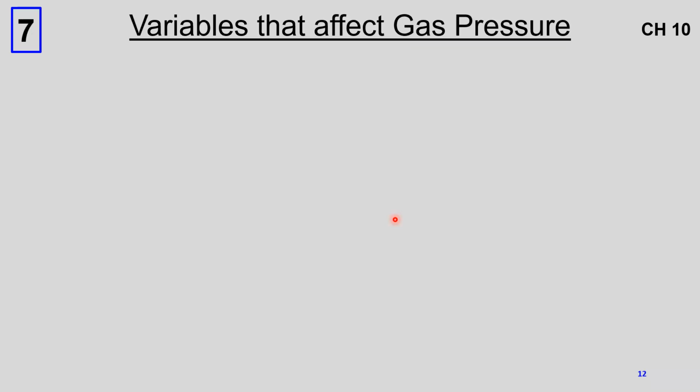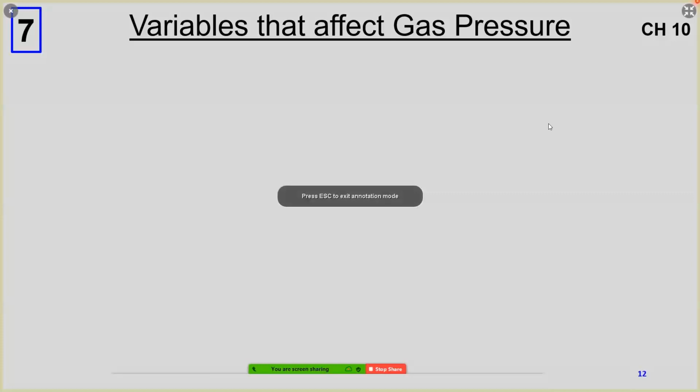The other concept that we talked about in chapter 10 is the different variables that affect gas pressure. There are a total of 3 different variables that we covered. I'm just going to write all 3 of them here.